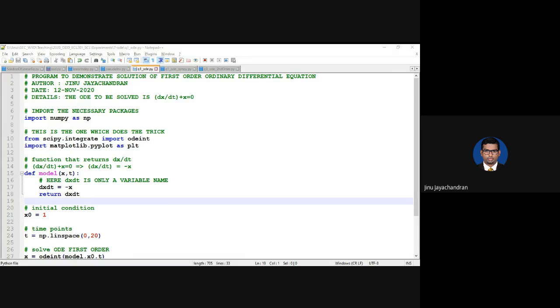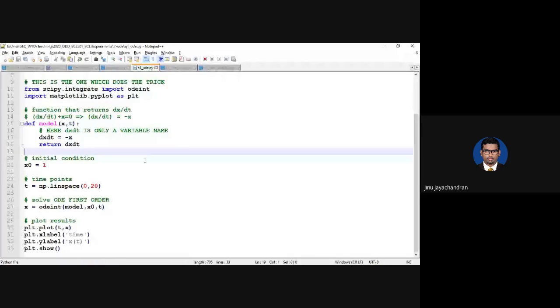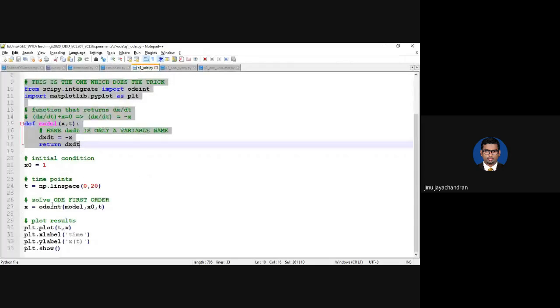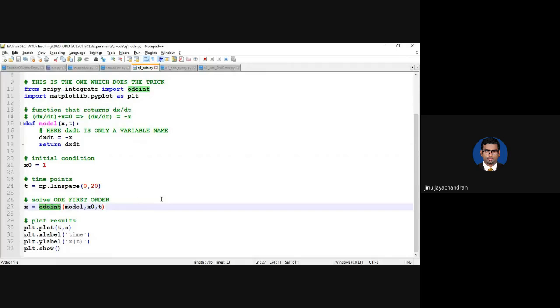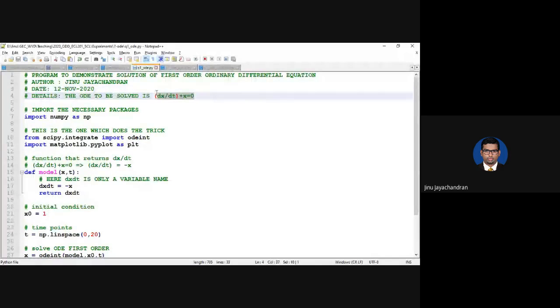Okay, I hope you can see my screen, right? So let's start. Let's go and look into this first. So what I want to look into is ODE int. Here my equation I have already given is dx by dt plus x equal to 0. Okay, so x is the dependent variable, t is the independent variable.